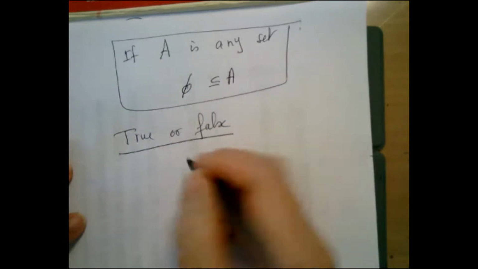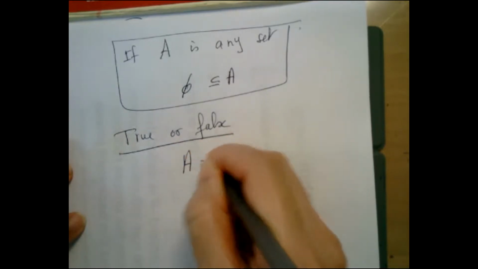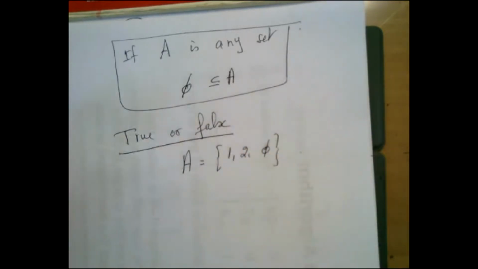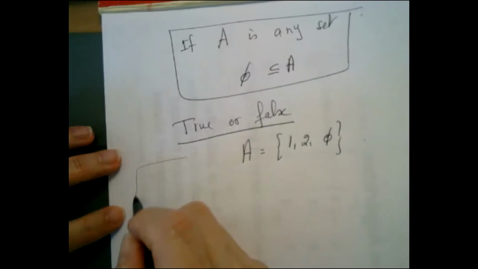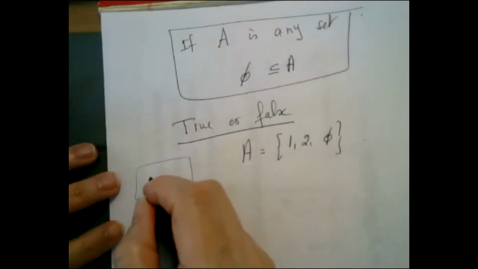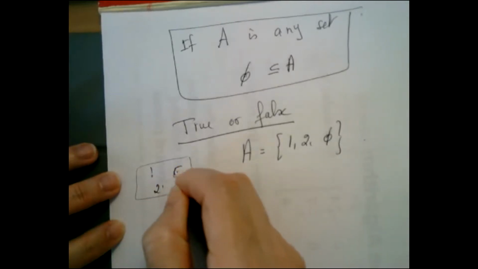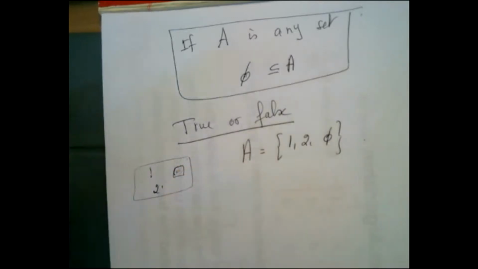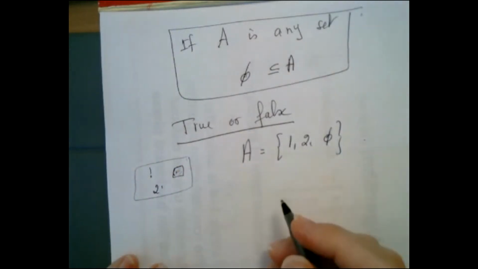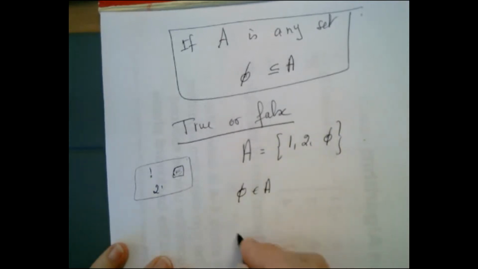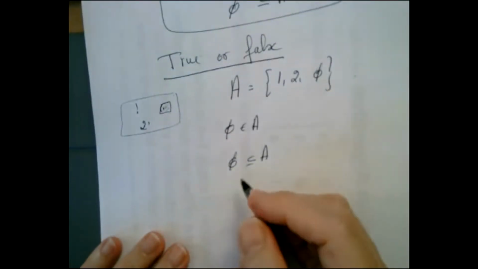Suppose I have a set A, and the set contains the elements 1, 2, and the empty set. I imagine A to be a container, because we imagine sets to be like boxes that have objects. It has a 1, it has a 2, and it has another container if you want, which is empty. That's what A is in our mind. True or false, the empty set is an element of A. True or false, quickly. The empty set is a subset of A.